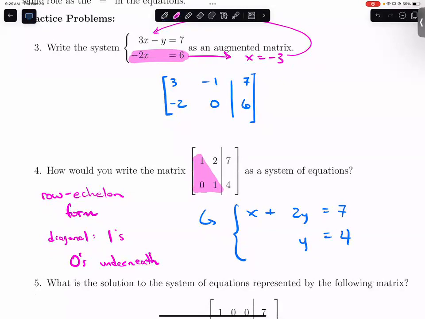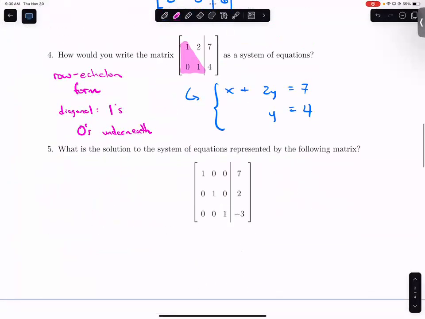Because this says 1z or whatever equals whatever this is. This last row would say 0, 0, 0, 1 of the last thing equals 5. Well, okay, that's part of the answer. And then I can start working my way back up to find the rest of it, just like we would do here in this smaller case. So that's row echelon form. Look at the next one.